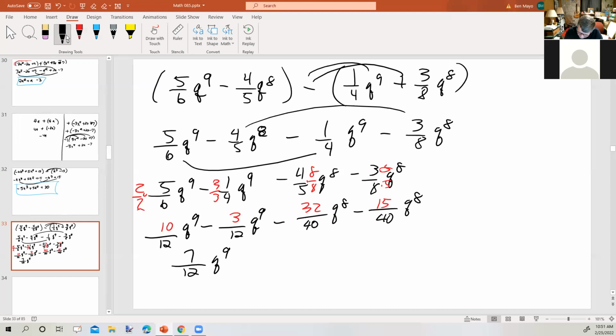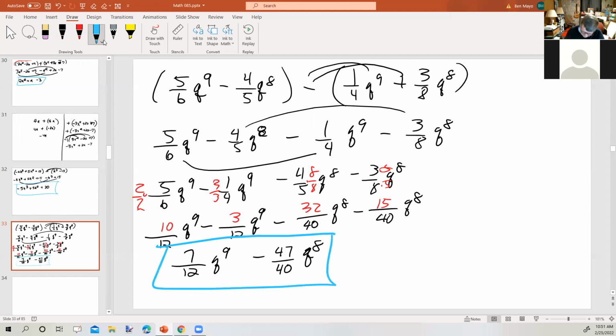Minus 32 40ths minus 15 more 40ths would be minus 47 40ths q to the 8th power. And there we have that solution.